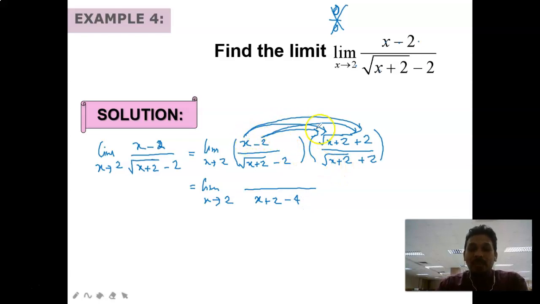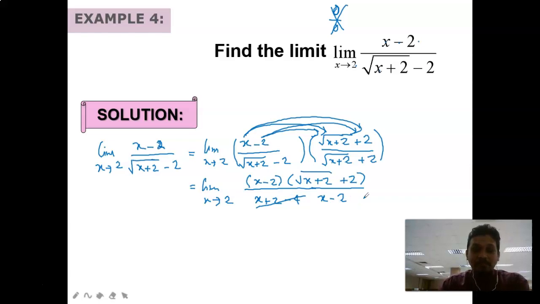And then expanding this one here, it gave us x minus 2, and then square root of x plus 2 plus 2. So this becomes x minus 2.